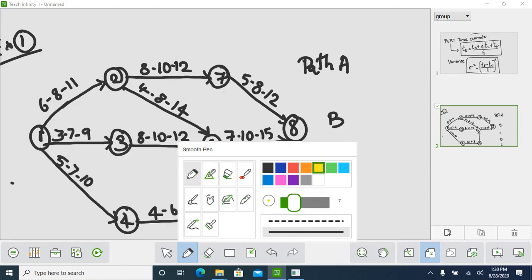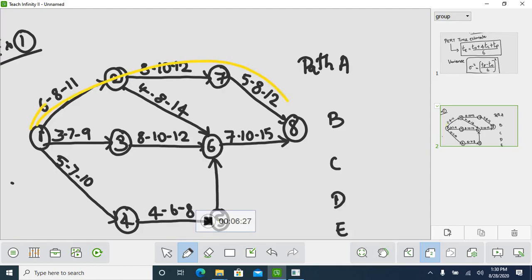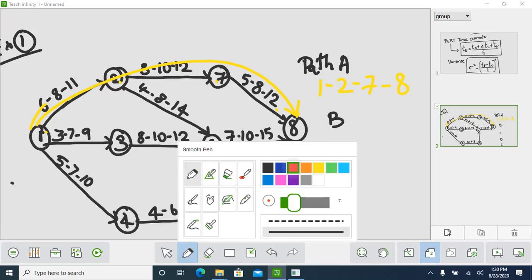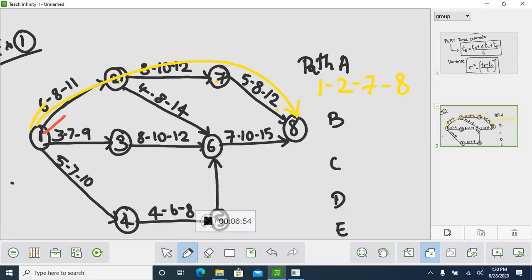If you want to travel from 1 to 8, this is one path: 1, 2, 7, 8. You write 1, 2, 7, 8. This is called path A. Next, which other path do you have if you want to travel from 1 to 8? 1, 2, 6, 8.